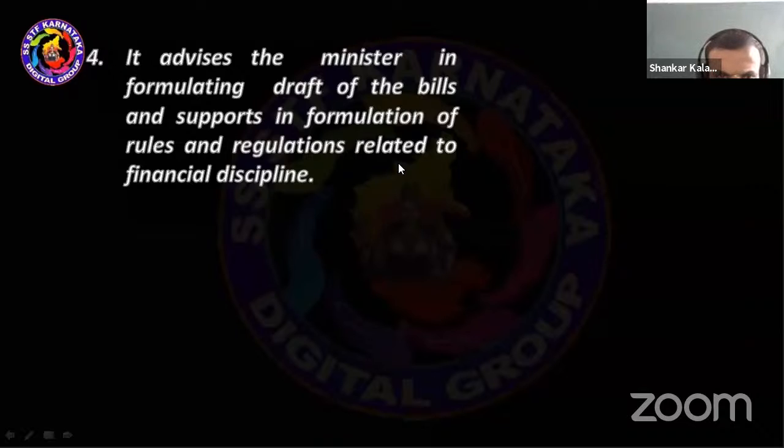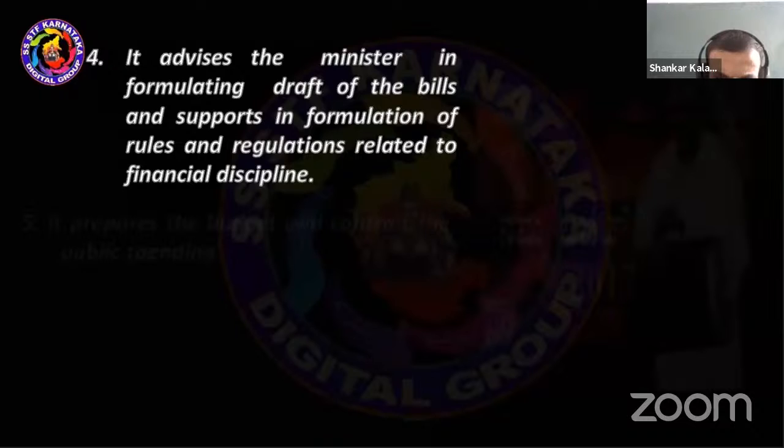Whatever work is done by the central government, the same work is also carried on by the state secretariat in every state of India. These points we already discussed under the central secretariat: how it supports the cabinet ministers to form rules and regulations. Even the state secretariat helps to form rules and regulations to implement effectively in the state, related to financial discipline and other matters.